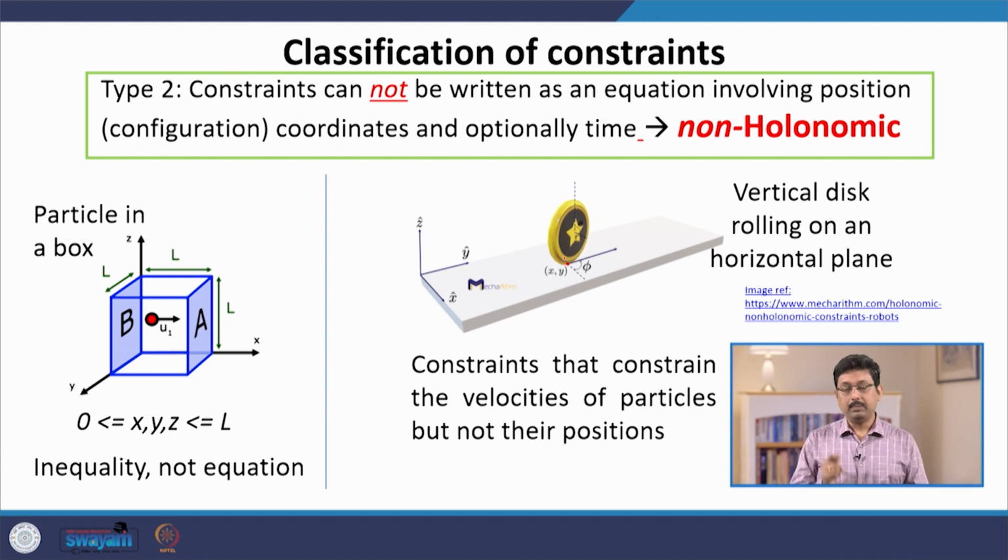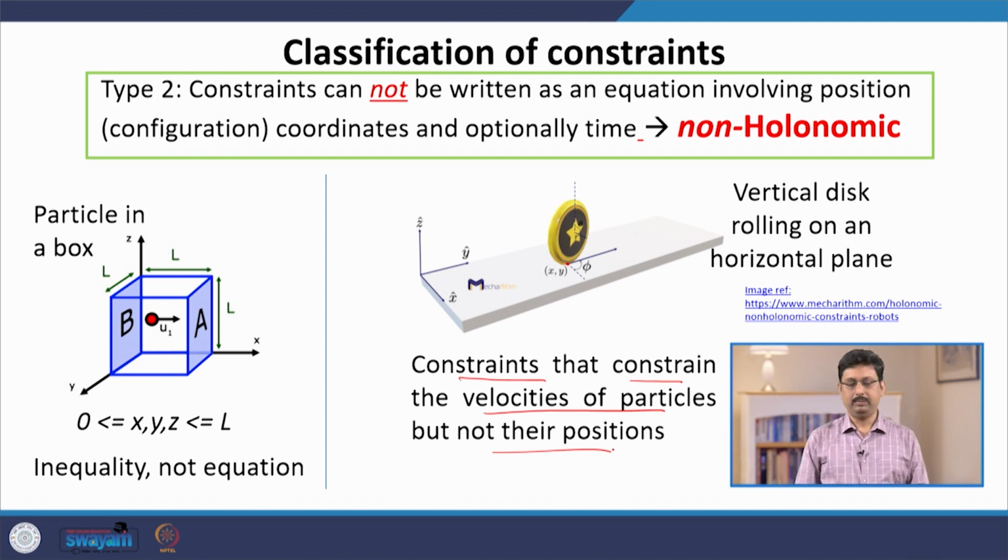But this is a condition on the velocities, not on the position. It does not matter where the wheel is, it is a condition on the velocity of the point of contact. So, this is a constraint that constrains the velocities of particles, but not their position.